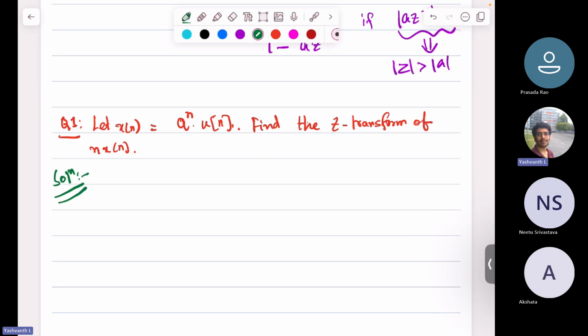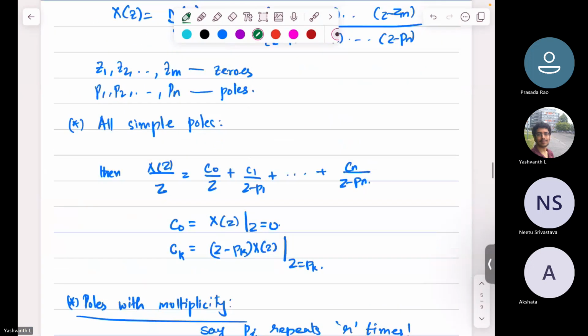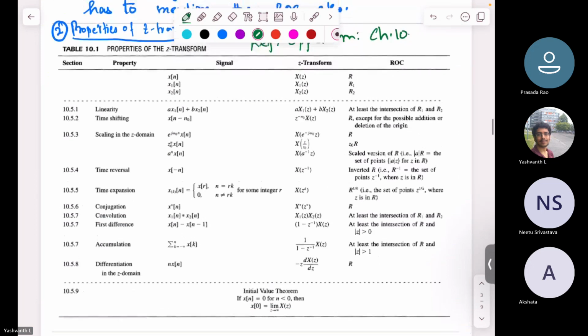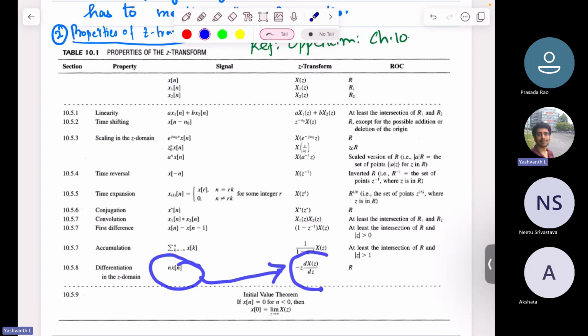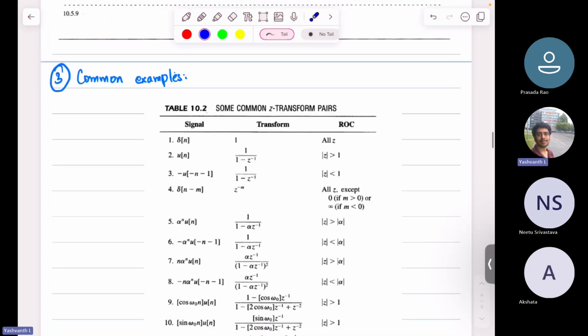We know that n into x of n, by properties of Z transform, has Z transform minus z into d by dz of x of z. If I go back to the table, I'm basically using this last property: n into x of n will have Z transform minus z into dx of z by dz.